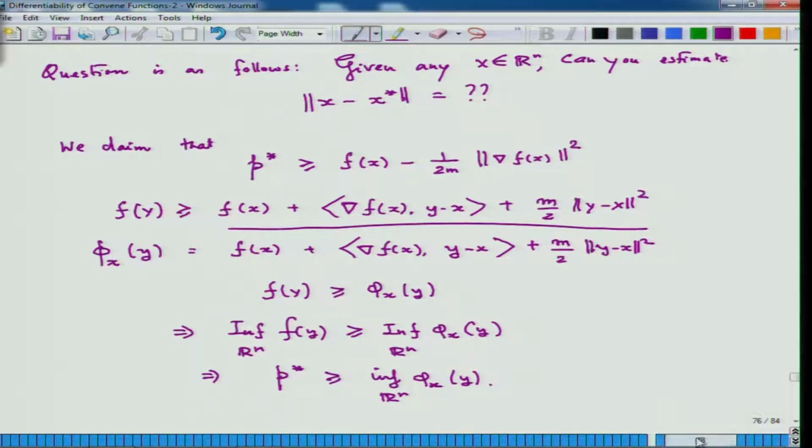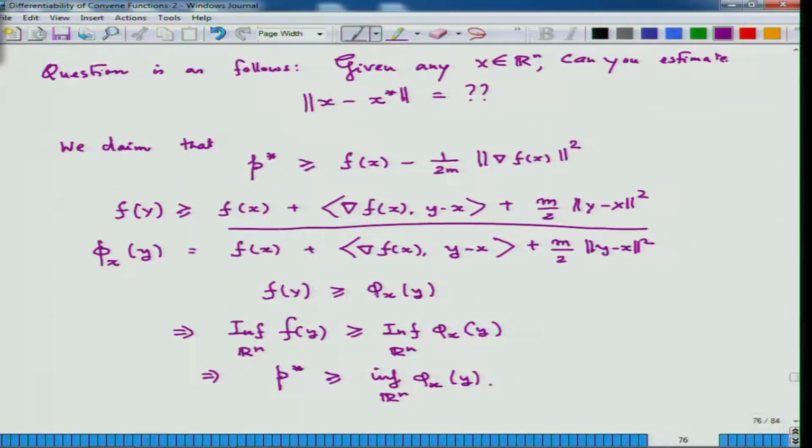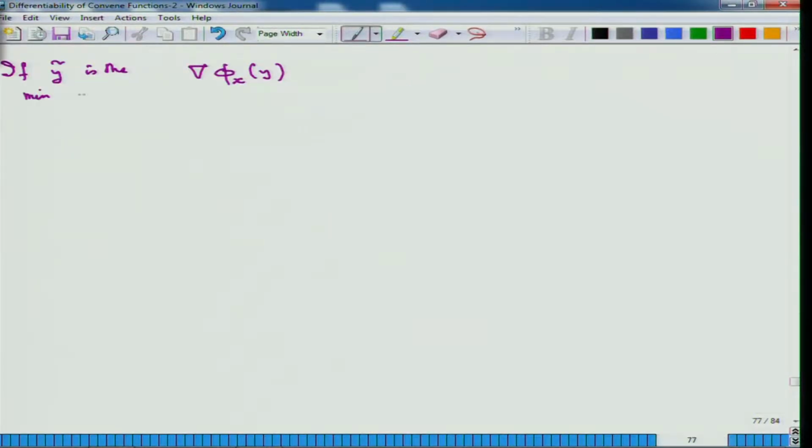So, what I would do is optimize the function phi(x, y) by taking the gradient with respect to y. If y tilde is the minimizer, and there will be a minimizer because this function is strongly convex, then the gradient of phi at y tilde is 0.